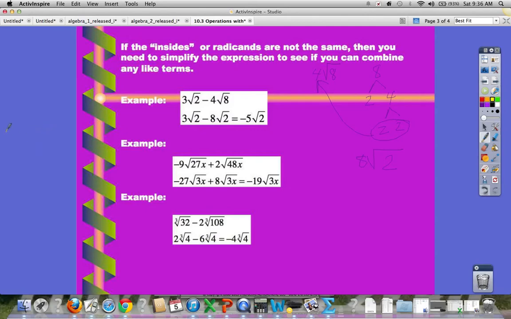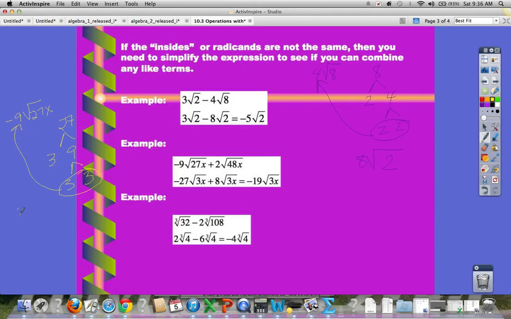All right, so negative 9 square root of 27x. We're going to break down the 27. That's going to be a 3 times 9, which breaks down to a 3 and a 3. And we circle our pairs, so that comes out to multiply to the 9, and then we have a 3 left over.